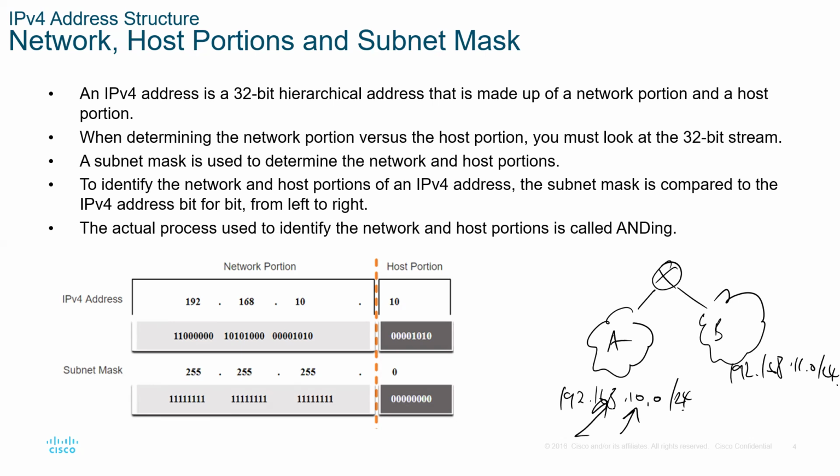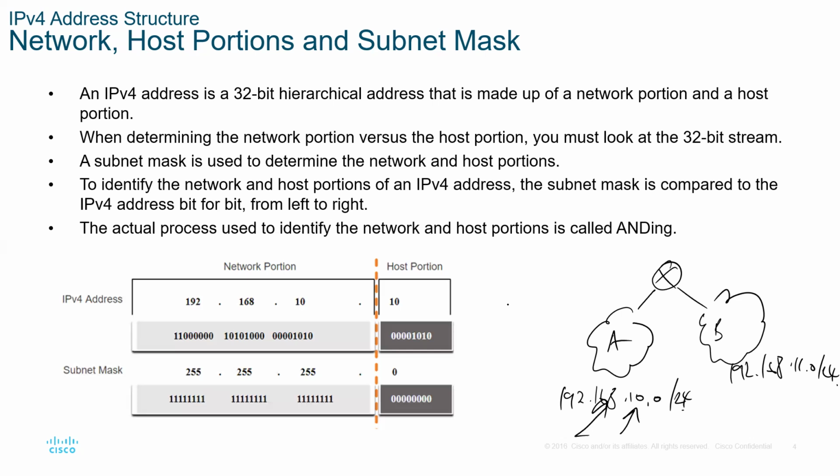It's now more specific. So the network gives you where the host is located. That is the network address. Then the host portion gives you a more specific position where the host is. We'll get there.